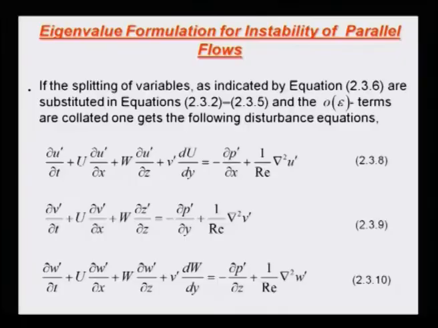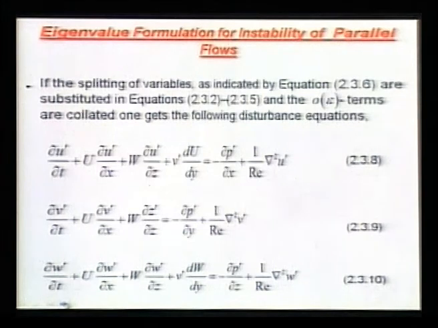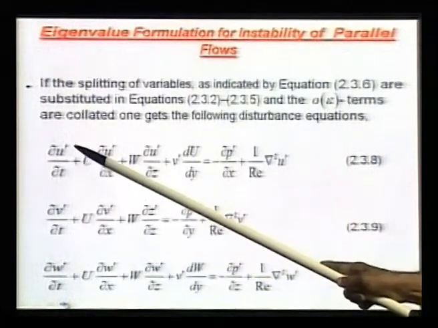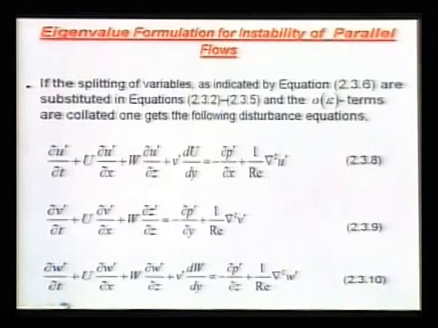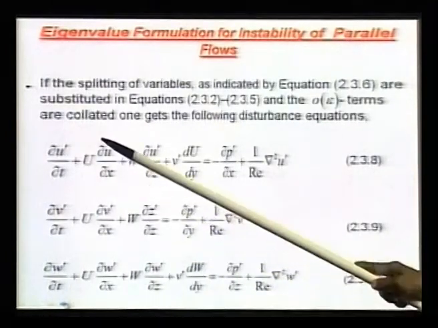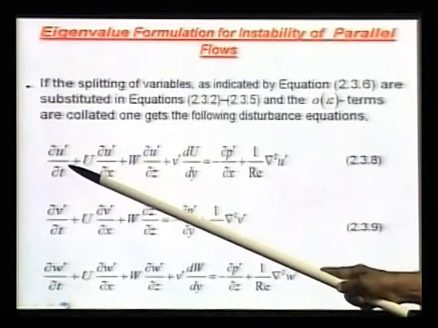Okay. So, what do we get? Well, we do get those disturbance equations, and we have done it for the inviscid analysis, and I would let you look at these equations and decide for yourself if they are correct or not. Well, this term directly comes from del u del t, because the mean flow is not time dependent. So, all the time dependence would come from the disturbance quantity.